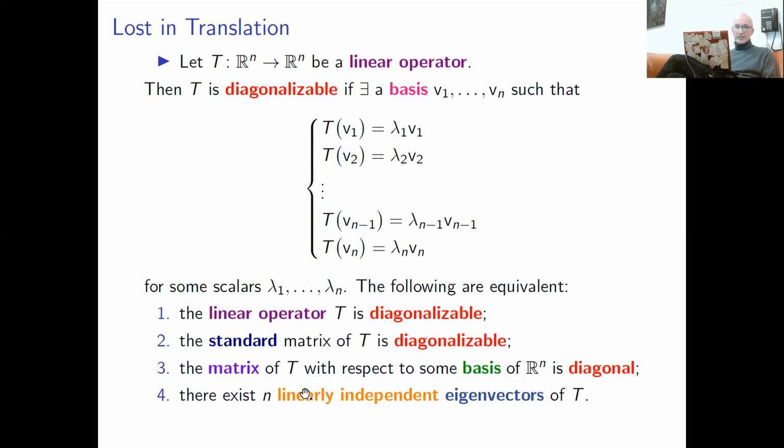All of these conditions are equivalent. Implicitly, we already proved that they're equivalent earlier in this lecture. Even when we proved this for matrices, we implicitly used several results about linear operators. So this is a very nice way to check that a linear operator is diagonalizable.